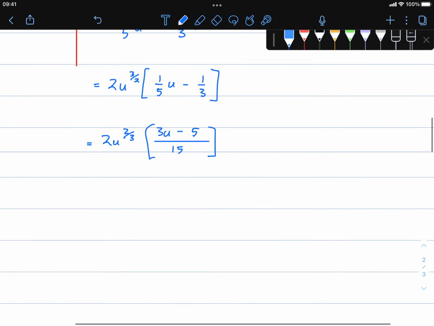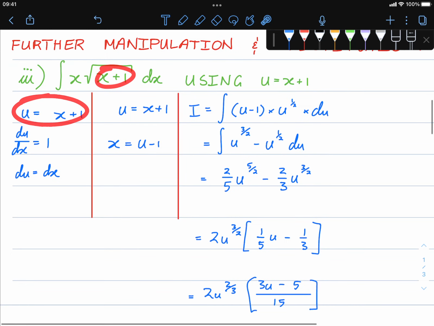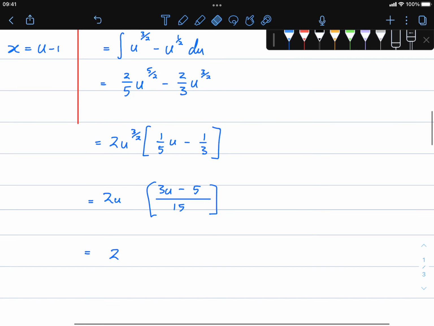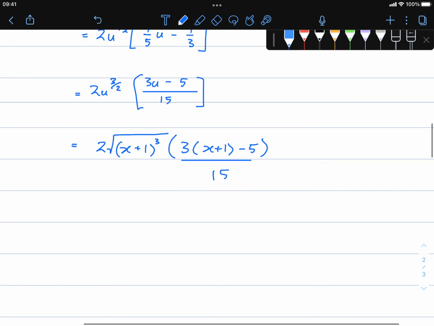And now I just resubstitute back in what our value of u was. Oh, I realize I mixed these over. It should be 3 over 2. There we go. This becomes square root of x plus 1 cubed times 3 times x plus 1 minus 5, all over 15.